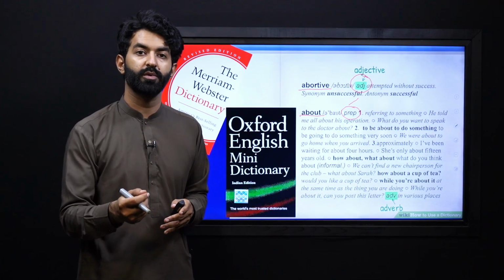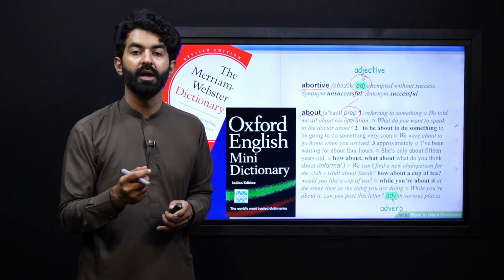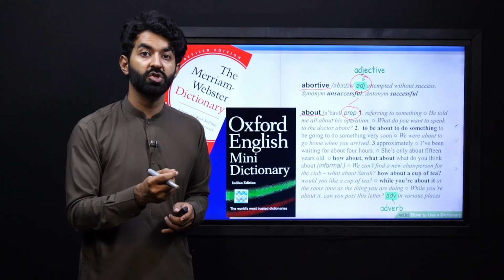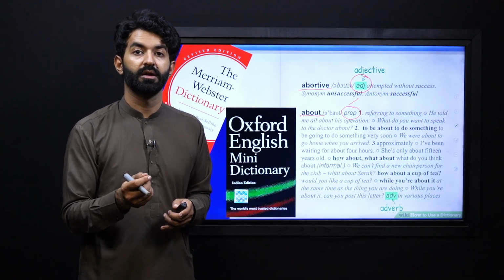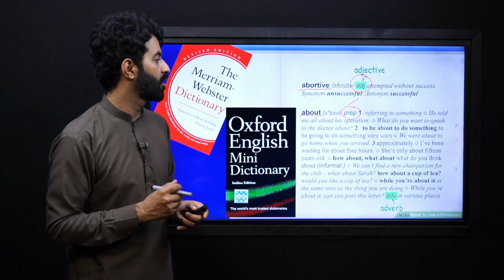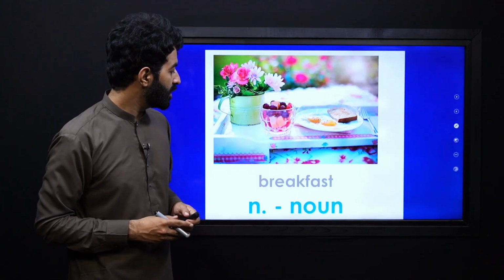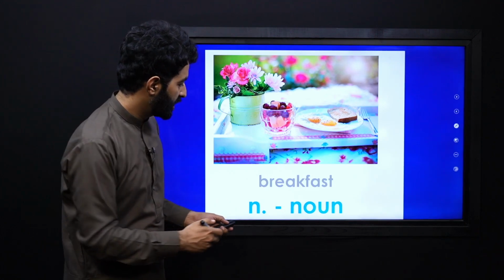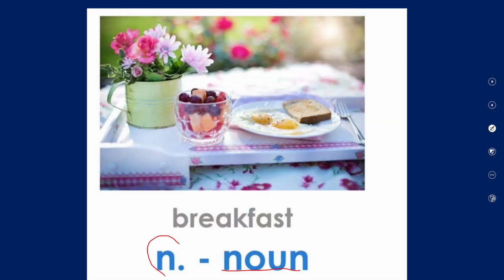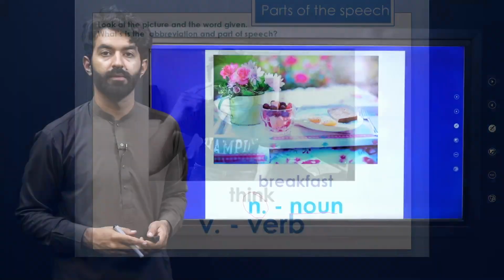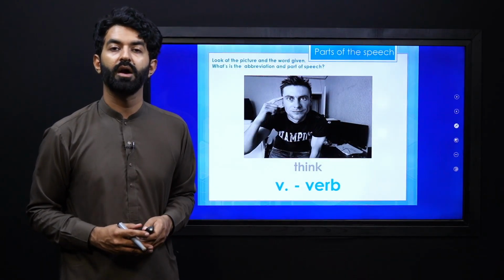For example, preposition will be prep, adjective will be adj, noun will be denoted by n, and so on. Here let's see some other example. Breakfast is a noun denoted by n.